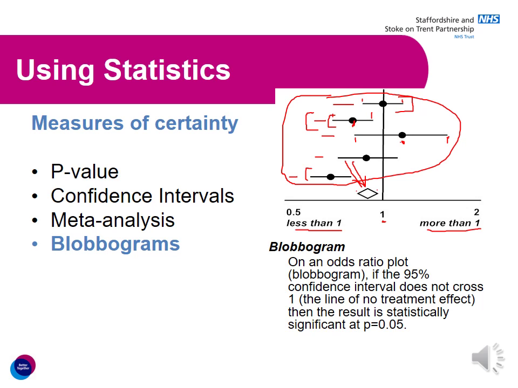So even though we've got a couple of results here that weren't significant in themselves, they've contributed to this overall finding, which is showing some significance because the tips of the ends of the diamond are all within this range here, and they don't overlap 1. So that's roughly how you interpret the blobbogram.